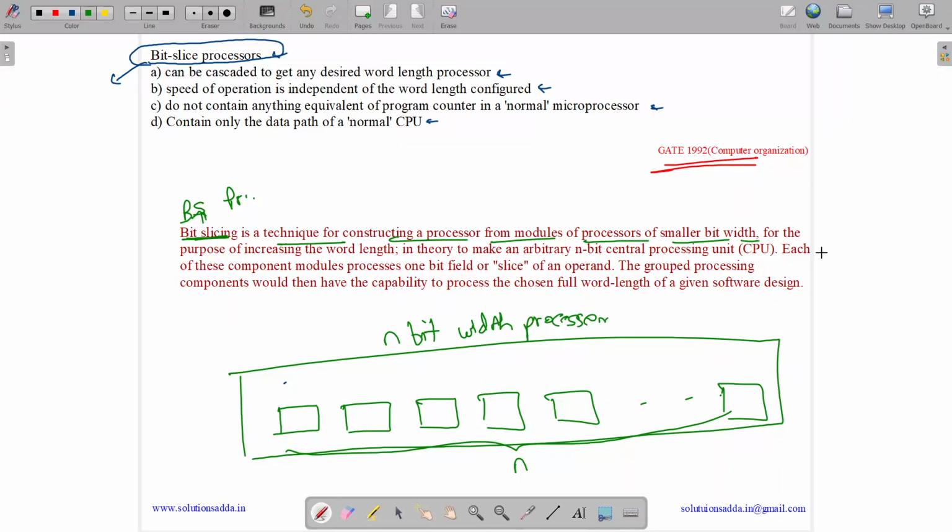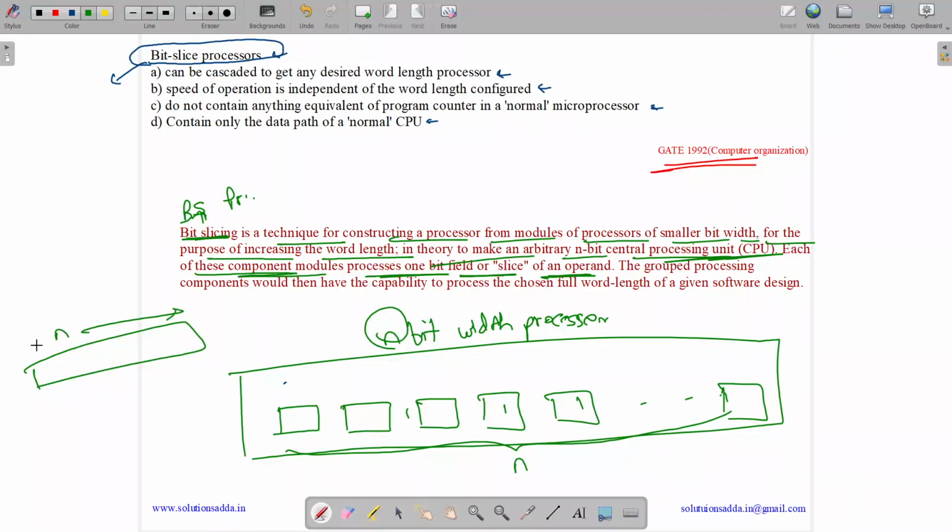Now, this is for the purpose of increasing the word length. So here we have increased the word length from 1 to n. In theory, to make an arbitrary n-bit CPU or processor, each of these component modules processes a 1-bit field or slice of an operand. So if we have an n-bit operand, then each processor will process 1 bit of the operand so that we can combinedly process all the n bits.